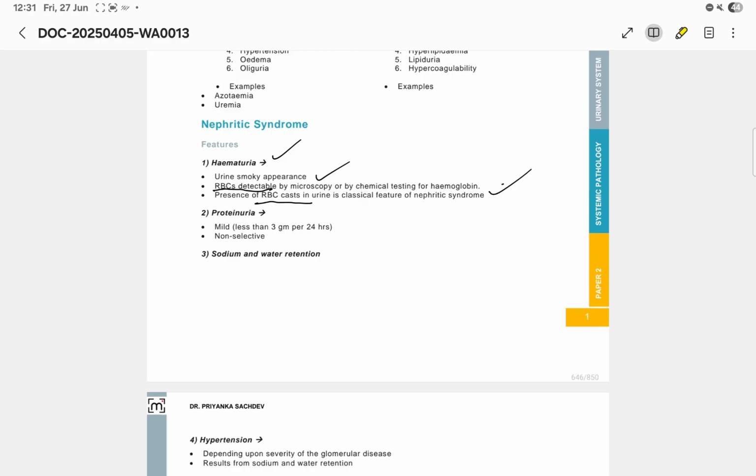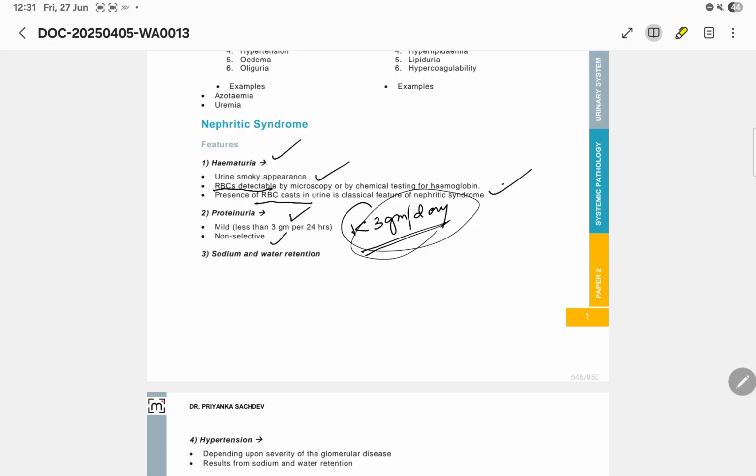Then what makes it different? It is mild proteinuria, that is less than 3 gram per day. This is to be noted. Mild proteinuria less than 3 gram per day, and the proteins which are excreted are non-selective.